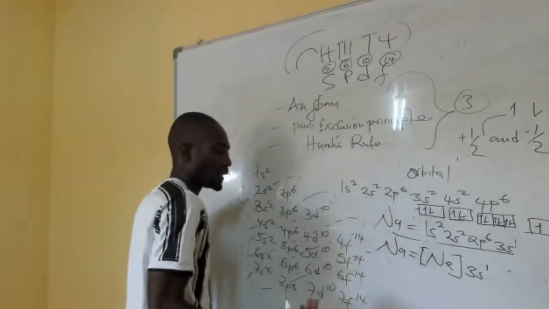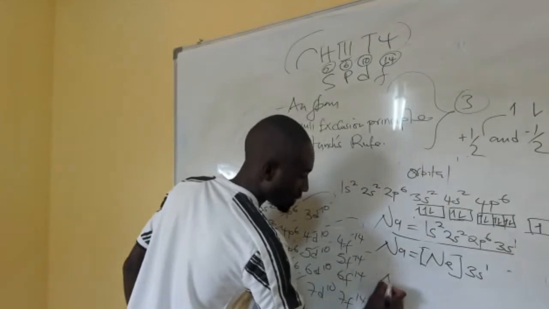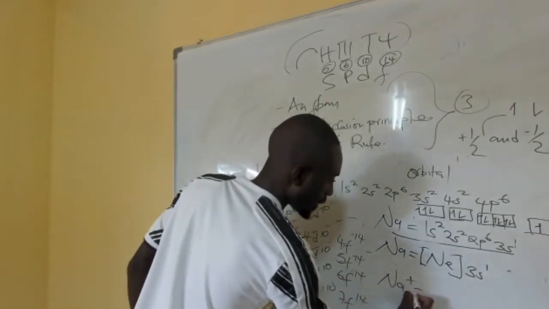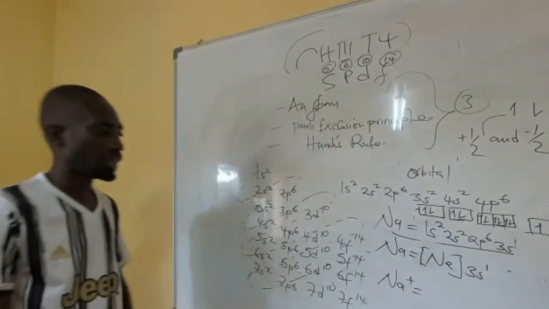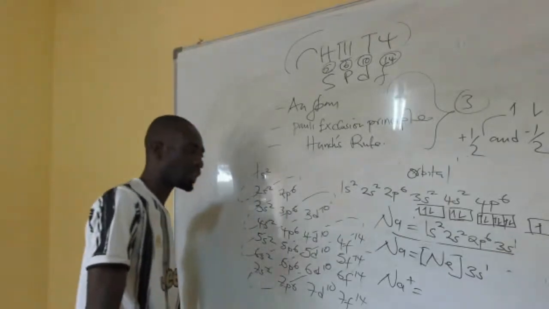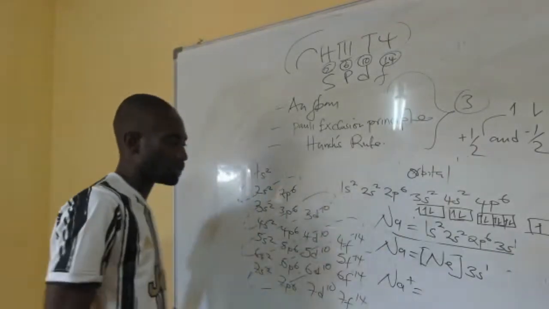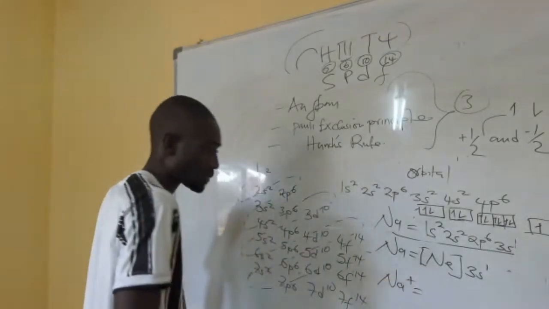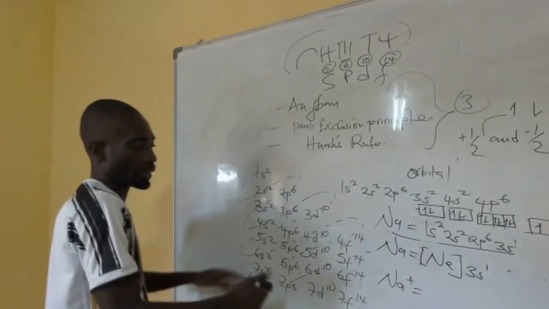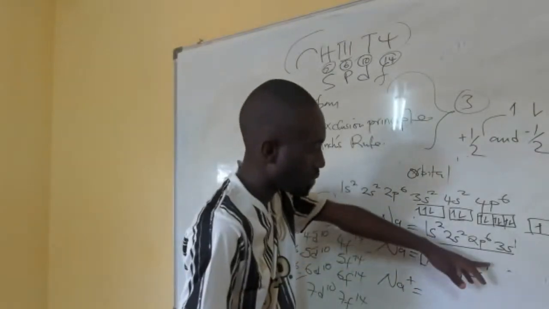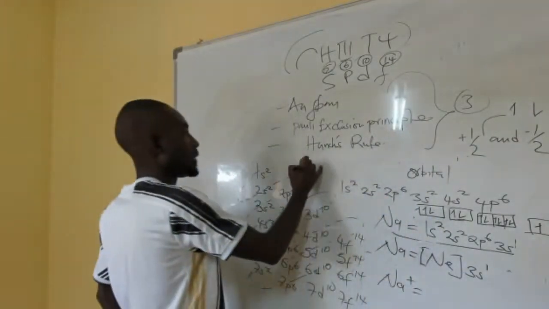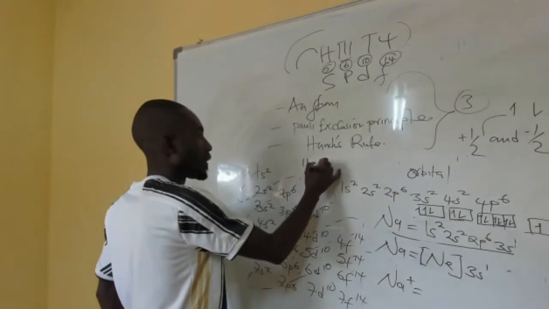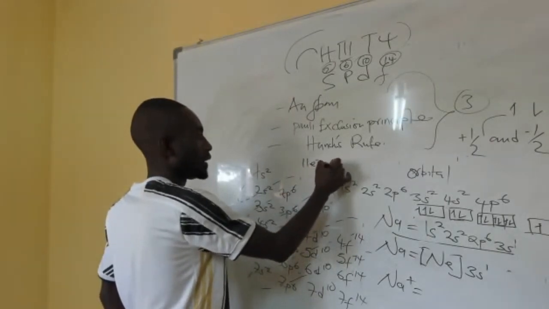Now, provided we have Na plus, this element has undergone ionization. Typically we are saying the first ionization. So in this case, there has been an elimination. Initially we have 11 electrons, but we remove 1.